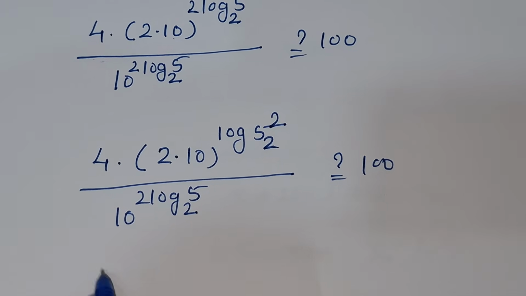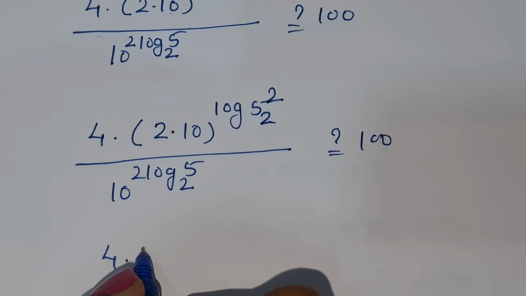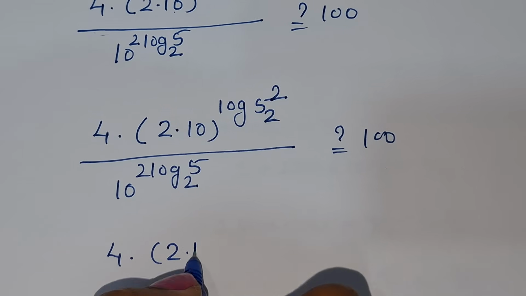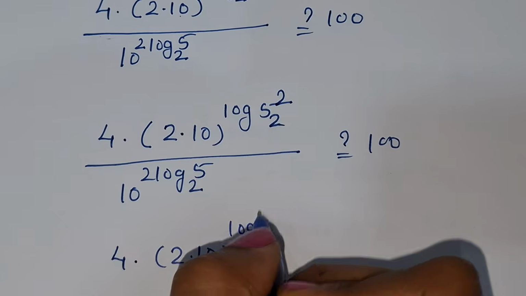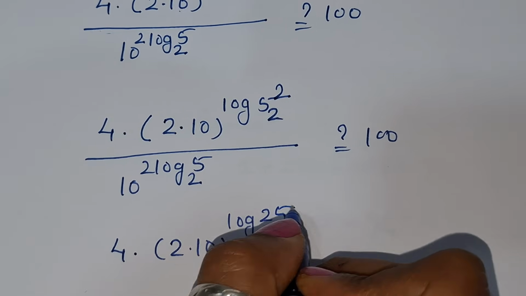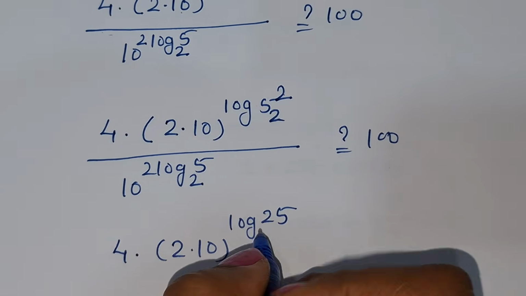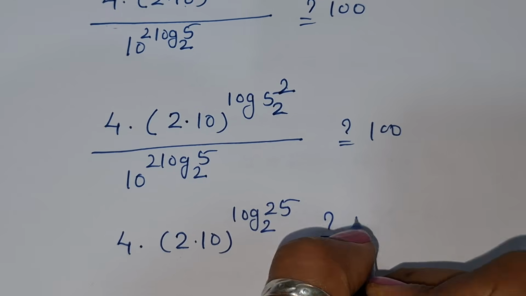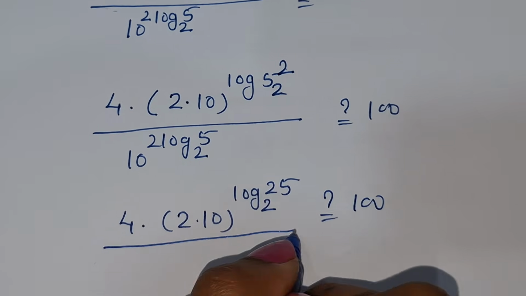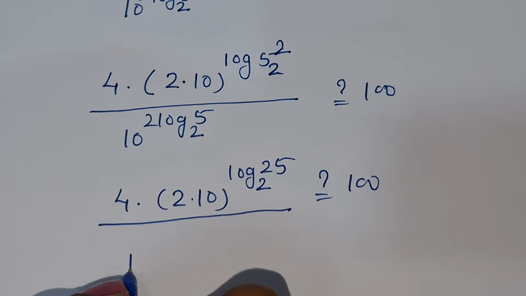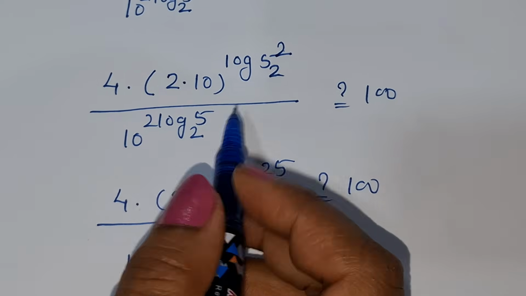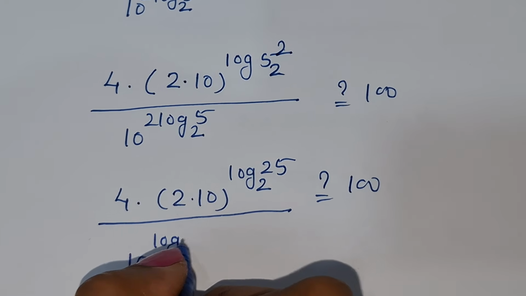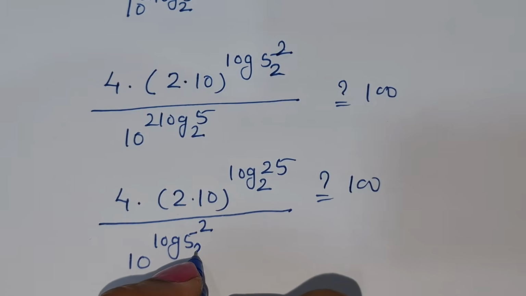Now we can write 4 times 2 times 10 log of 5 square, that is log of 25 to the base 2, question mark 100, and here divided by 10 power log of 5, it will become again log of 5 square to the base 2.